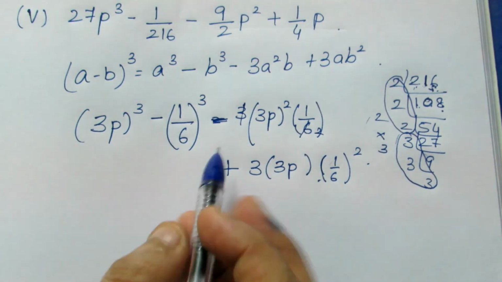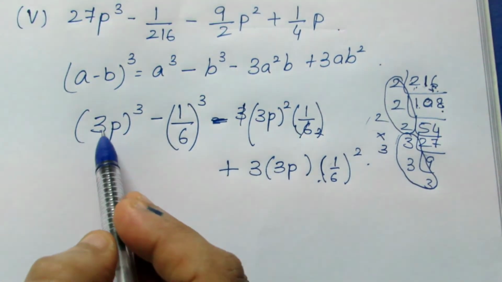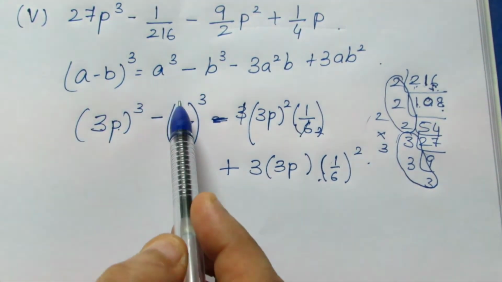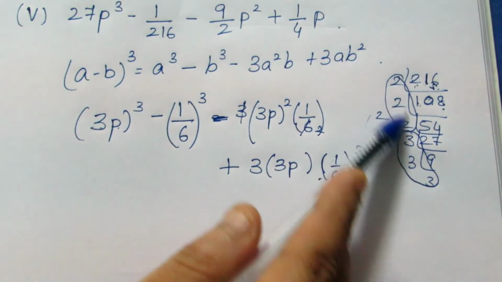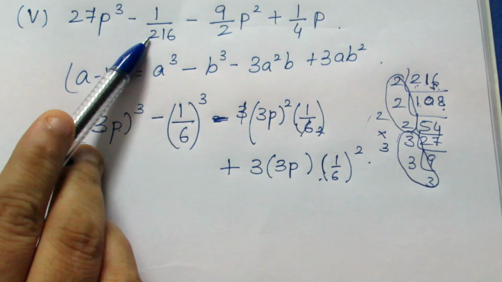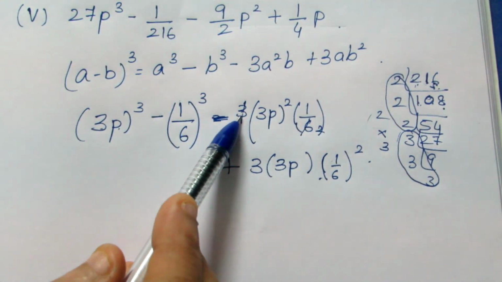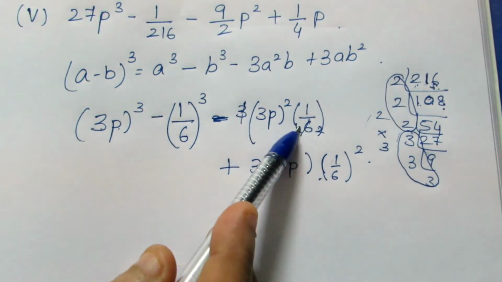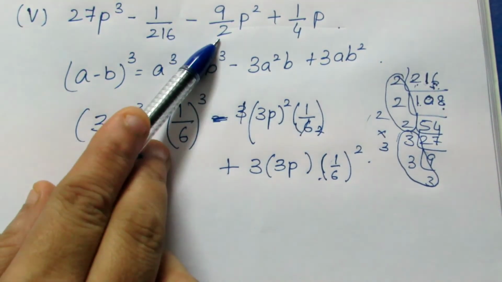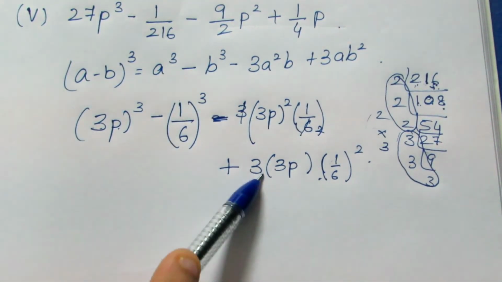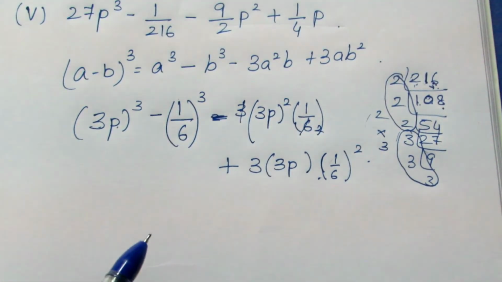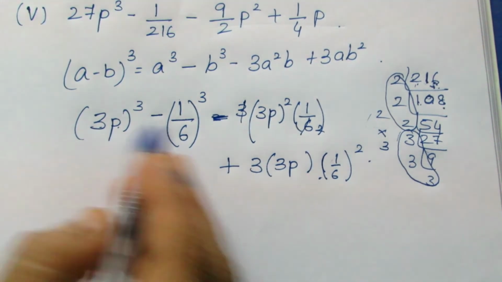Now check: a cube is 3 3s are 9, 9 3s are 27p cube, minus 1 by, as we multiply, we know that 6 cube is 216. Here 3 3s are 9, 9 3s are 27. If we cancel this, it becomes 9 by 2. Now we need to square it, then we cancel. If we cancel, we are getting 1 by 4p. So it is in the answer form.